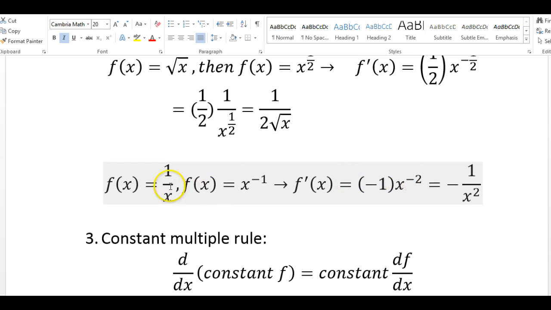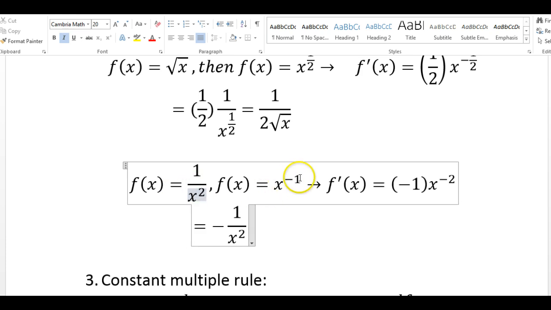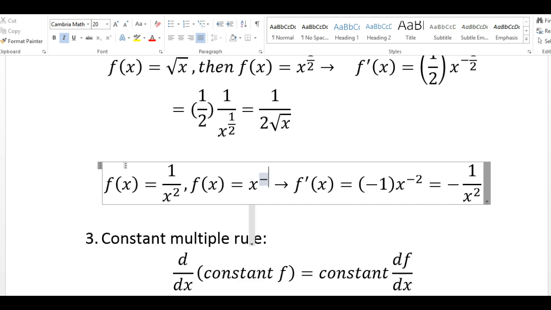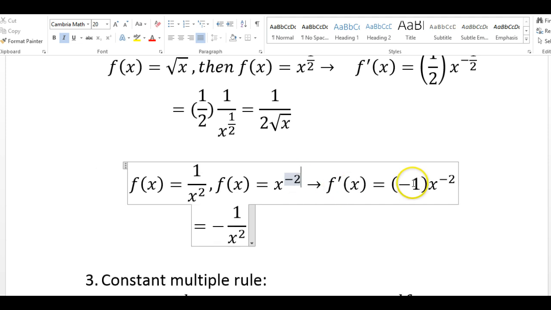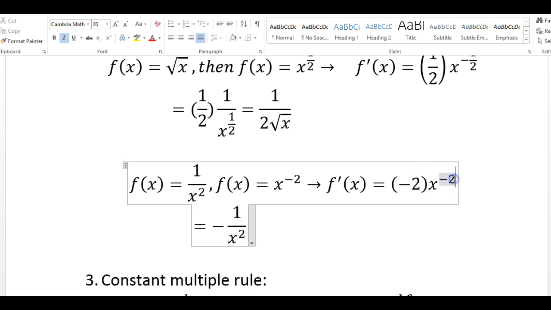So for example, if you take 1 over x squared here, what do you think will happen? Well, 1 over x squared is the same as x to the negative 2, so the negative 2 will come up in front. That will become negative 2, and then you subtract 1 from the power, so that will become what?